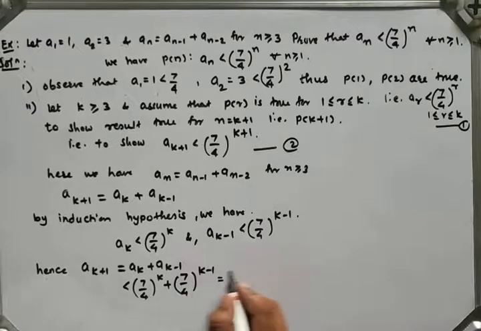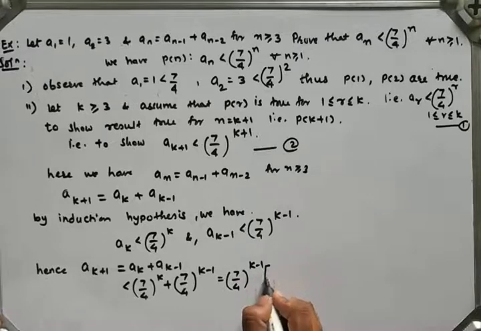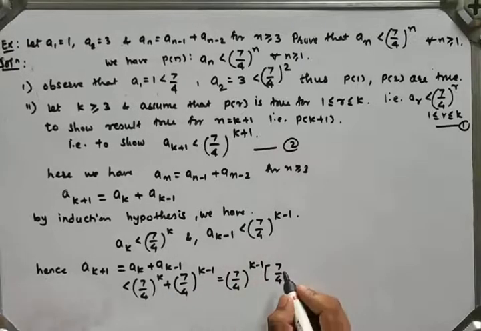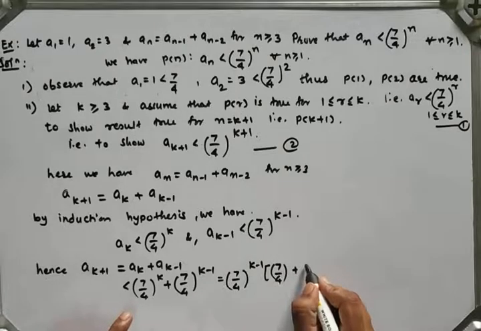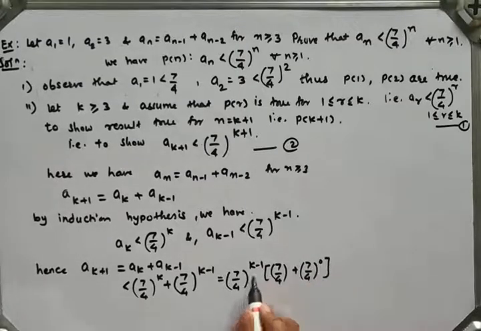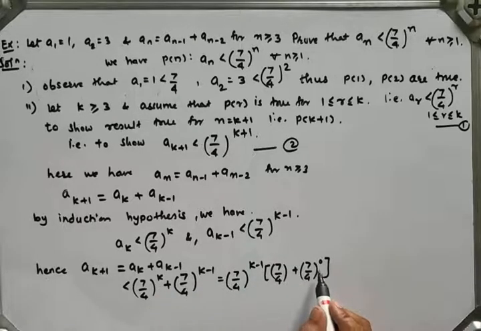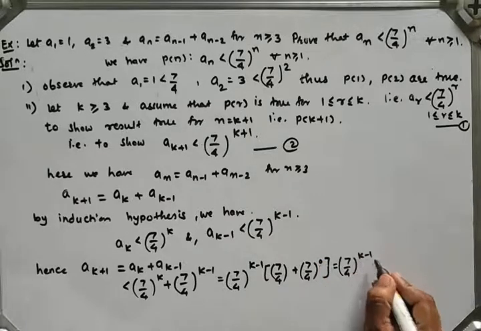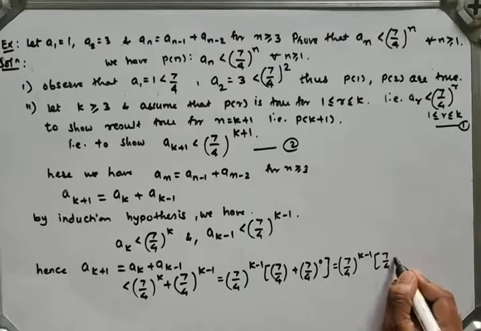I get 7/4 in the bracket plus 7/4 raised to 0. Taking 7/4 raised to k minus 1 common, the remaining terms are 7/4 plus 7/4 raised to 0, which is 1. Here I get 7/4 raised to k minus 1 into 7/4 plus 1.